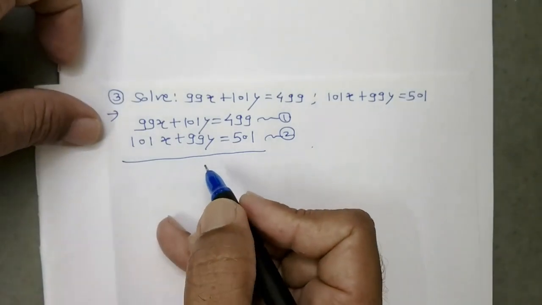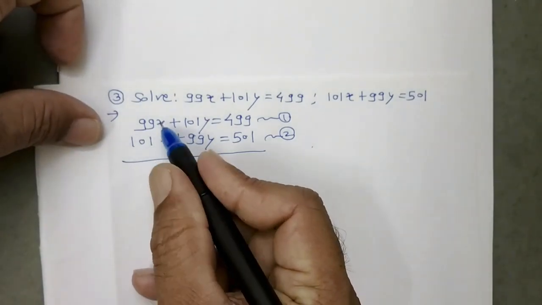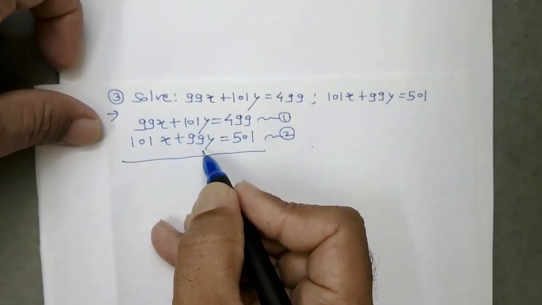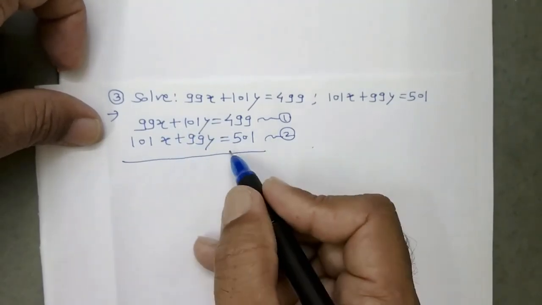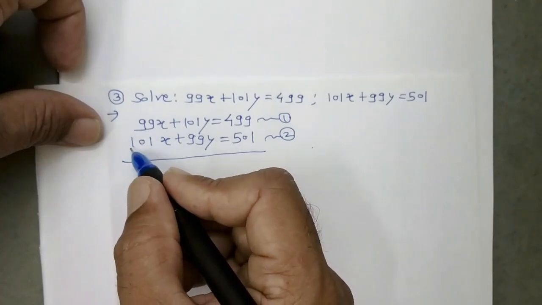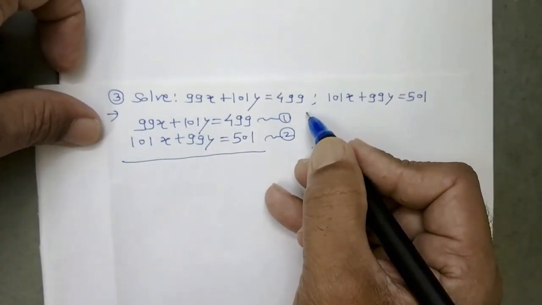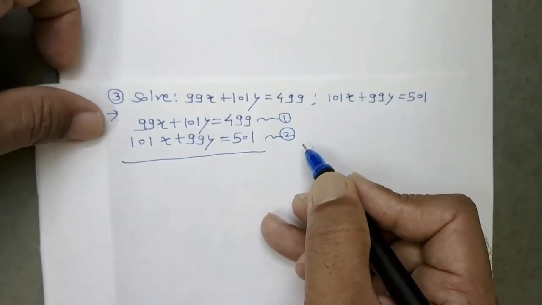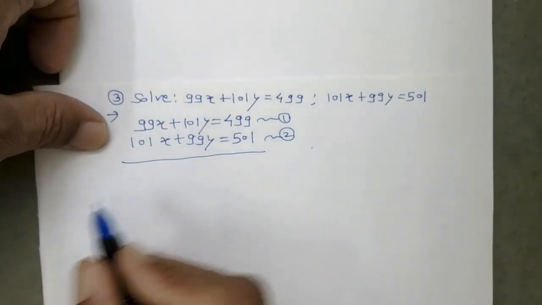Now in these two equations no coefficients of x or y are equal. If we have to make them equal, then we have to multiply equation 1 by 101 and equation 2 by 99. But it is not easy.